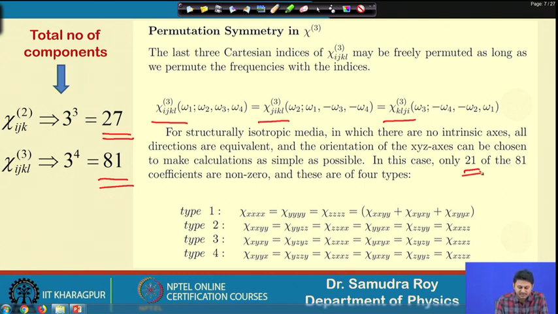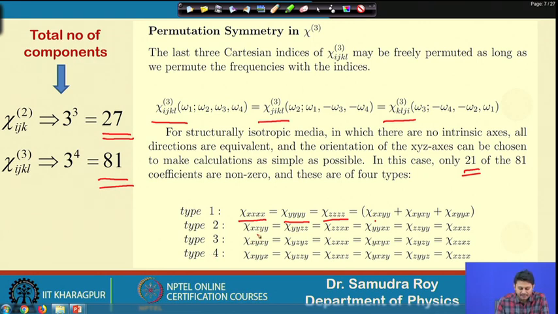This internal symmetry suggests that XXXX, YYYY and ZZZZ are the same. If all these components are the same, then they are equal, and these will again be equal to XXYY, XYXY and XYYX. There can be 4 different types of this.